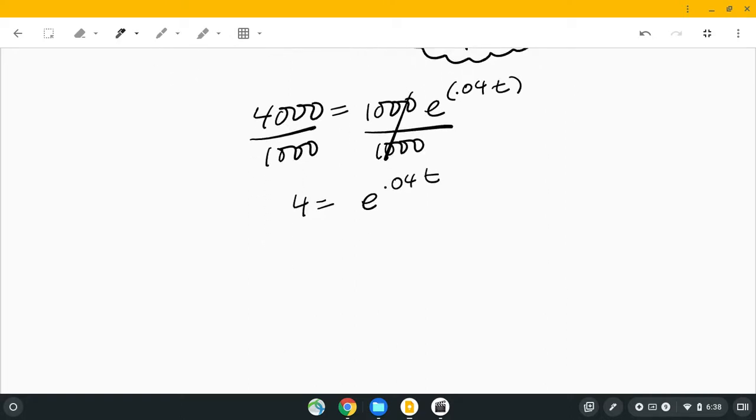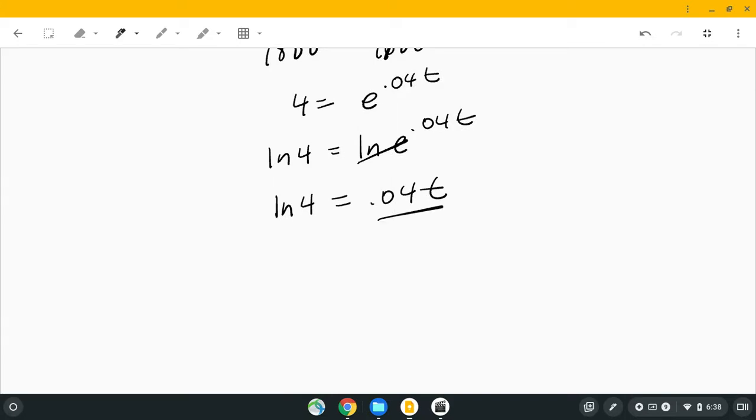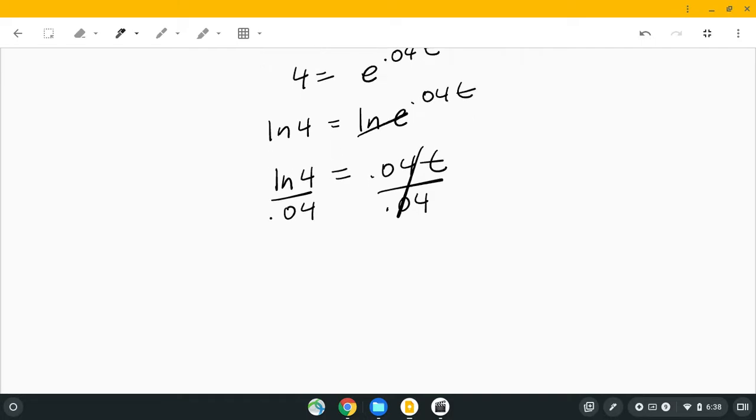We are solving this exponential, so we need to take the log of both sides. I'm going to use ln since we have e here, and that will cancel. So we get ln 4 equals 0.04t. Solving for t, divide both sides by 0.04. When you punch that into your calculator, you should get 34.66 years.